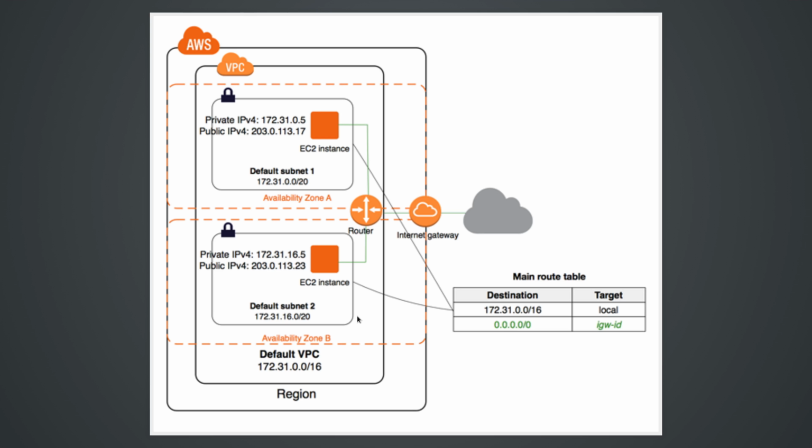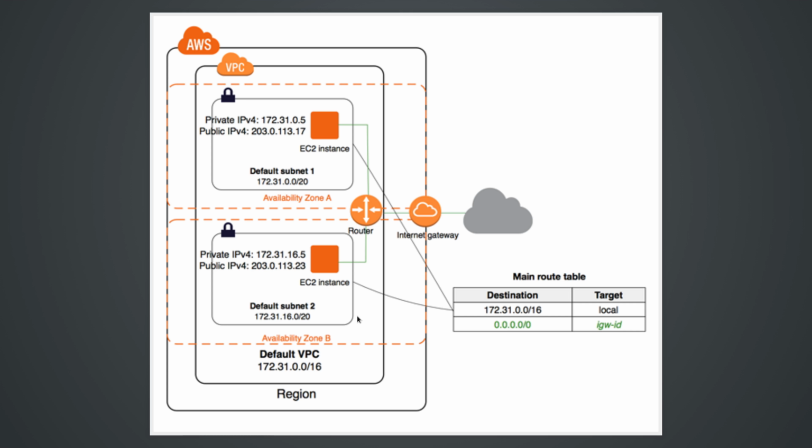The single routing table defines a destination of local for everything that lives within the VPC CIDR block, to be able to route between the different availability zones. And the default gateway is an internet gateway resource as defined here.